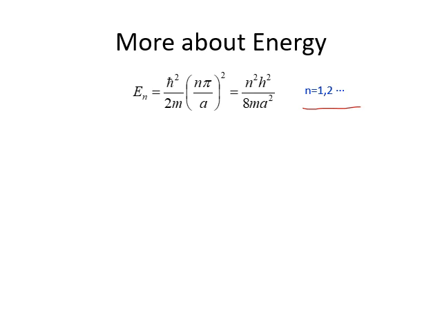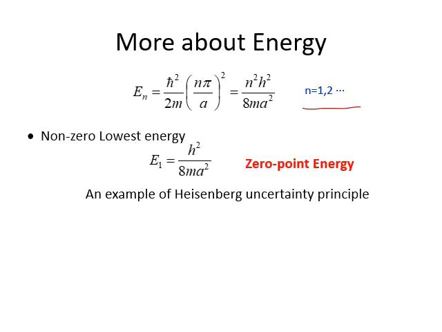When we run, the energy can be anything, can be 0. But here, the lowest energy is non-zero, and this is called the zero-point energy. Many quantum mechanical systems have a zero-point energy, which means the lowest energy is non-zero.